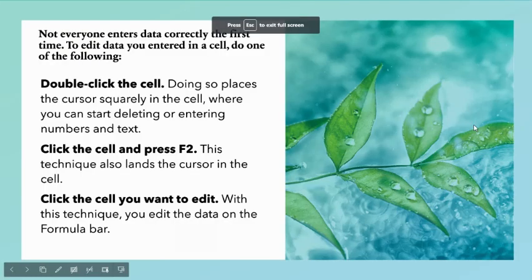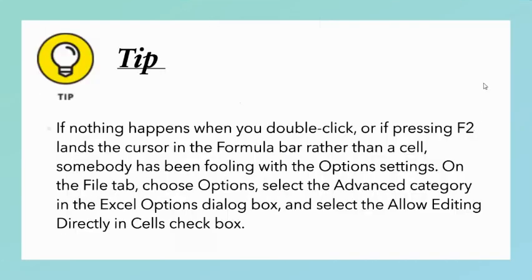Now we are going to the next one, which is a tip. What this tip is telling you is, when you are applying all these three techniques but for some reason it's not working, you just have to go to your File tab, click Options, and in the Advanced category check whether the Allow editing checkbox is checked or not.